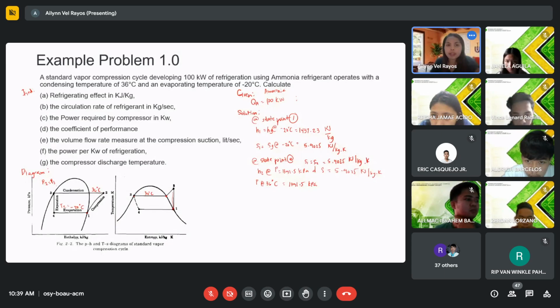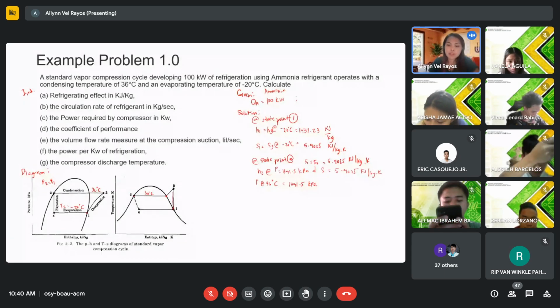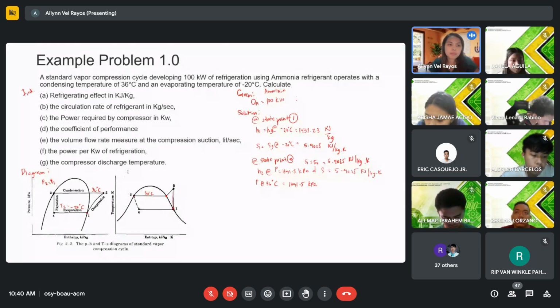Ibig sabihin, since yung state point 2 natin is superheated, sa graph na tayo titingin ng ammonia. Yung graph ng ammonia natin, tingnan niyo yung graph ng ammonia. Balikan doon sa table. Again, magbibigay ako ng table dito.